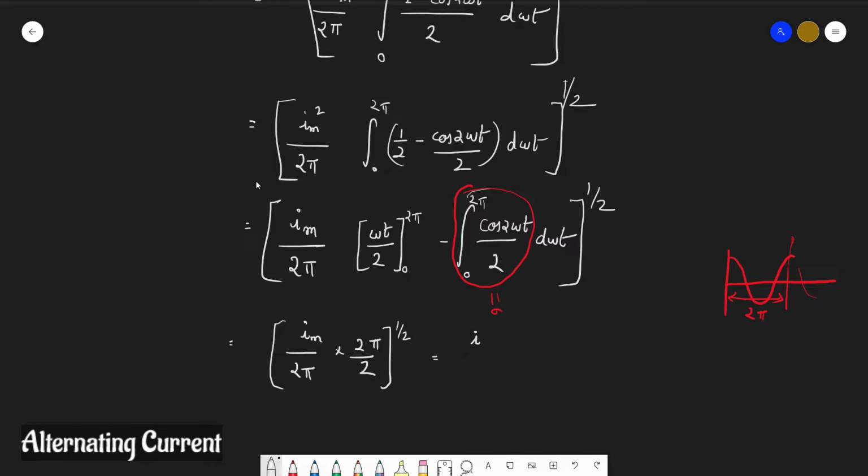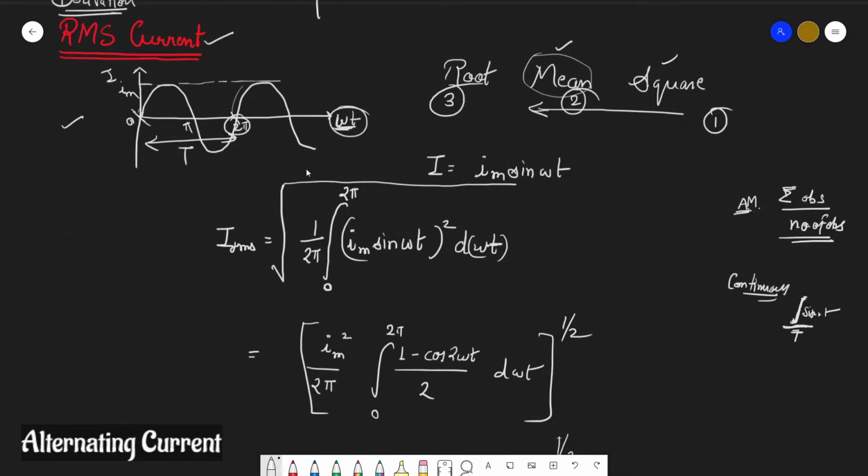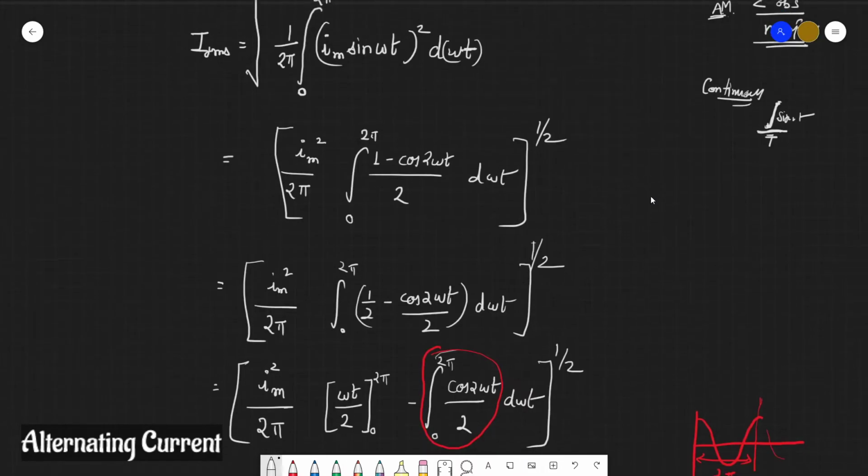Obviously, I forgot, this is squared, so this will be under root if I take Im by root 2. So this was the expression for RMS. You get again Im by root 2. So if somebody says derive it mathematically, you can show them this. Similarly, if he asks for voltage, you can consider the voltage waveform and derive in a similar manner.